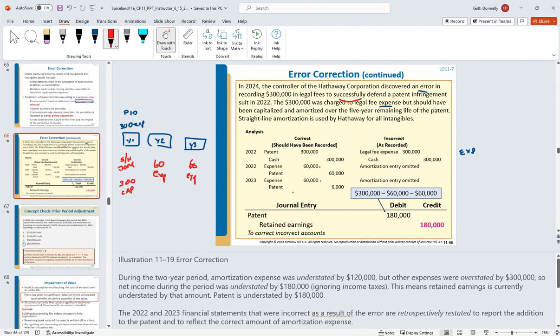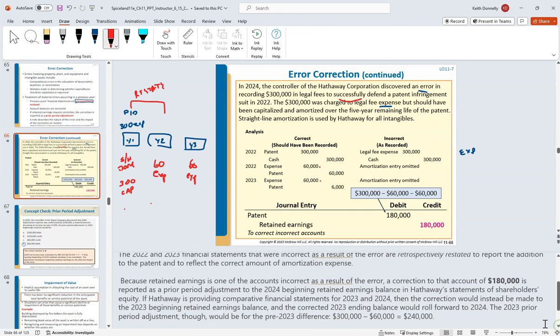So what we got to do here is essentially say, what are the cumulative effects of this? In other words, the 2022 and 2023 financial statements that were incorrect as a result of the error are retrospectively restated. So we're going to have to go back and restate these years to do the correct thing that we were supposed to. And then for the cumulative effects, we're going to have to make a prior period adjustment to retained earnings.